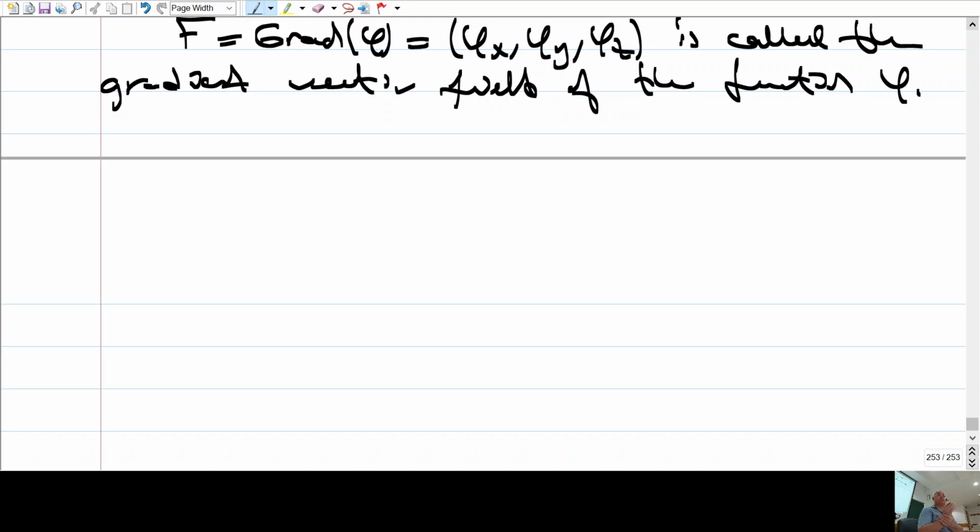So scalar field is just a function, real valued function. Vector field, vector valued function. Okay. Vector can be a measure of velocity, can represent velocity, acceleration, force.